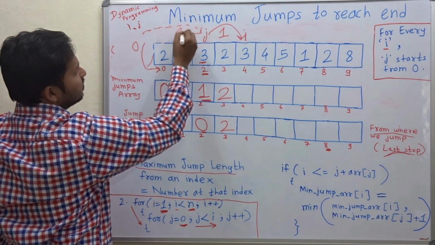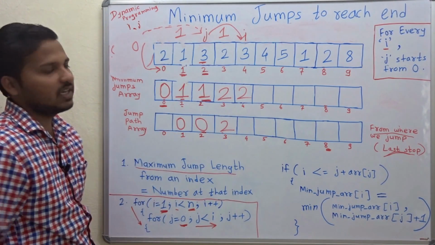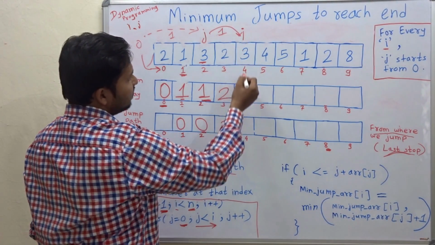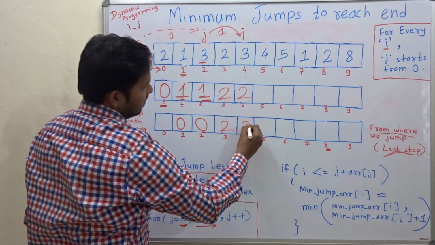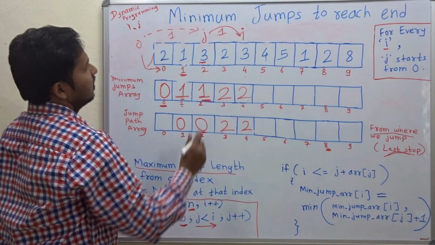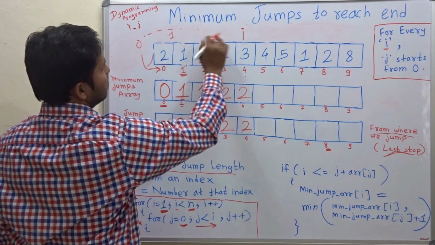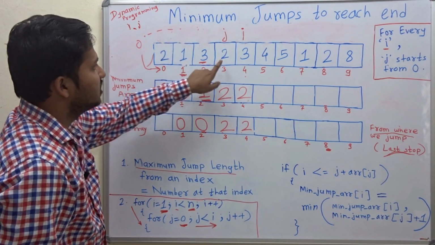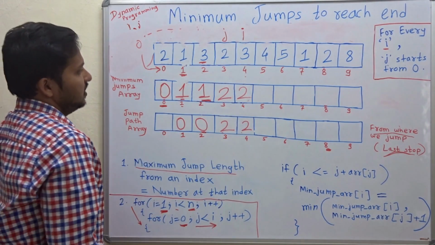So 1 plus 1 is 2. So 2 jumps are needed. And from where do we jump to index 4? From the 2nd index. So I write it here in the jump path array. Now let's increment j to check other possibilities. Now check whether I is in range of j. Yes, it is in range.